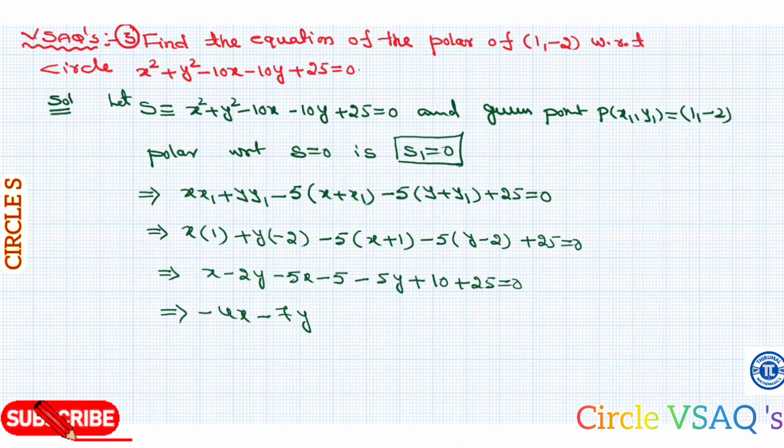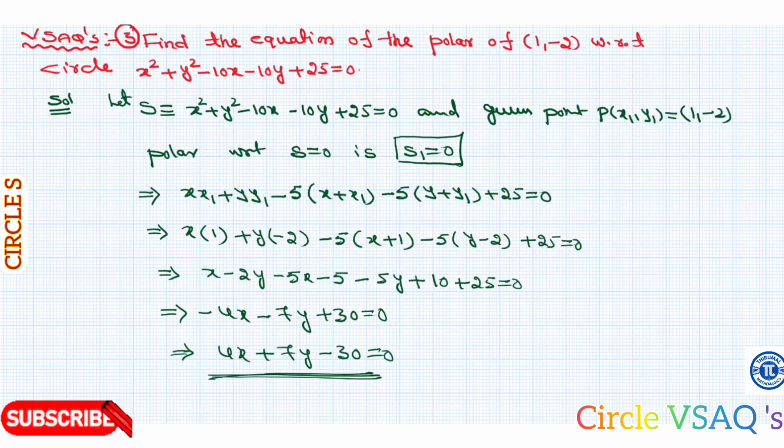Constant term: here 10 plus 25 is 35, minus 5 is plus 30, equal to 0. Taking minus common, we get 4x plus 7y minus 30 equal to 0, which is the equation of the polar of the given point (1, minus 2) with respect to the circle x square plus y square minus 10x minus 10y plus 25 equal to 0.